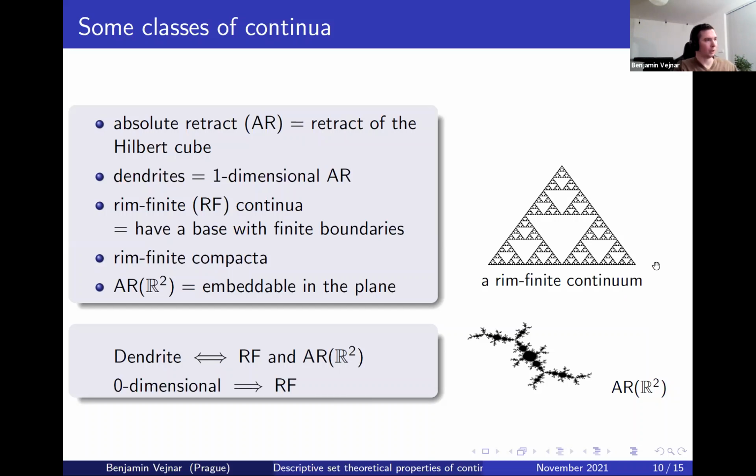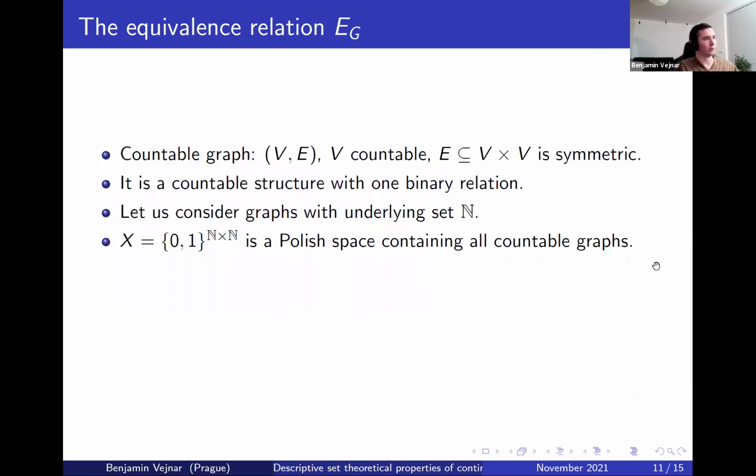Okay, so I described some classes of spaces whose complexities we will examine, and now I need to describe some kind of complexity degree in the general theory of Borel reductions. To do this, I will consider countable graphs.